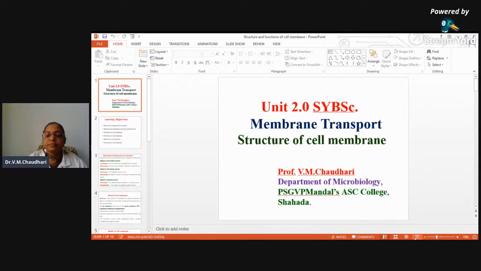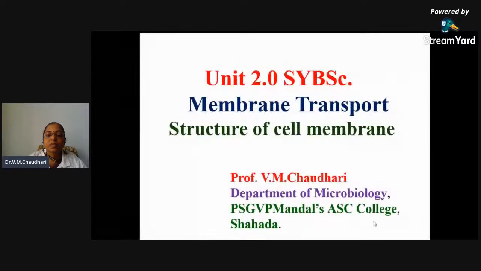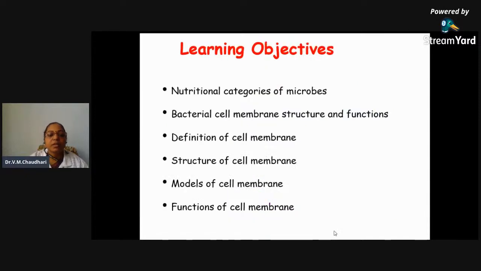So, unit second, membrane transport. It includes first the structure of cell membrane. In this unit, we are going to study the nutritional categories of microorganisms, structure and function of bacterial cell membrane, definition of cell membrane, structure of cell membrane, various models for the cell membrane, and functions of cell membrane.